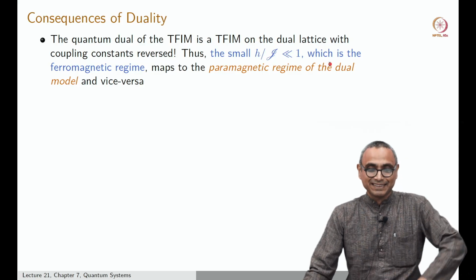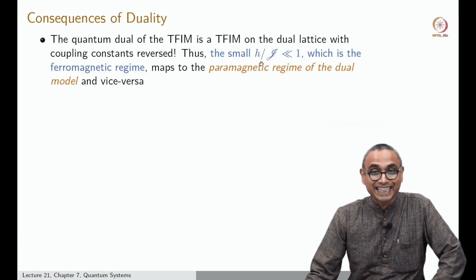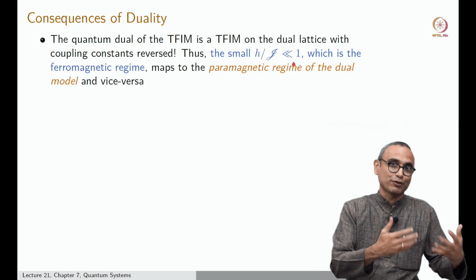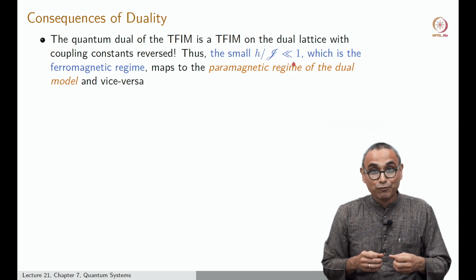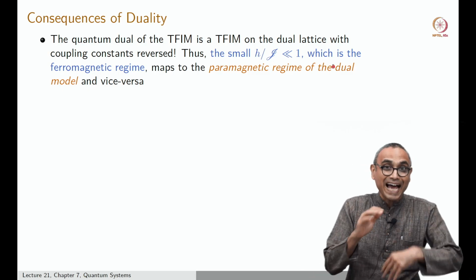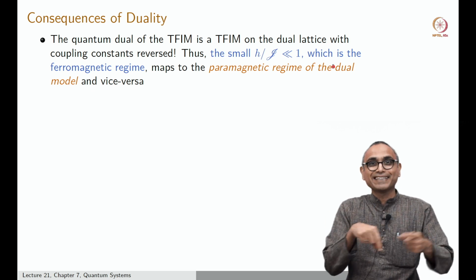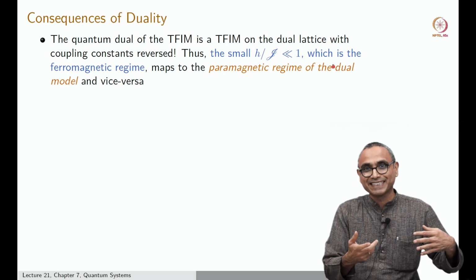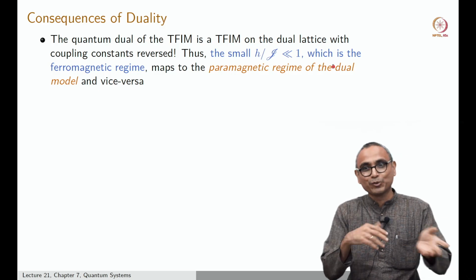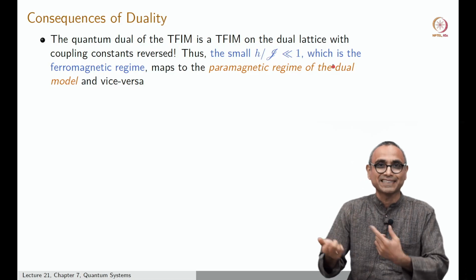So if I look at my original transverse field model in the small h by J limit, what we would think of as the ferromagnetic regime of the model will map to the paramagnetic regime of the dual model and vice versa. So all of a sudden you realize why the answers that we found by perturbation theory were simply exchanging J and h. If you have done the calculation on one side, you will get the answers on the other side by simply exchanging J and h.